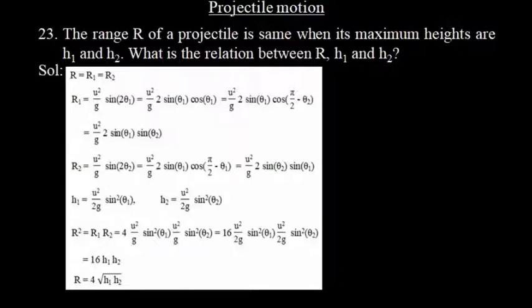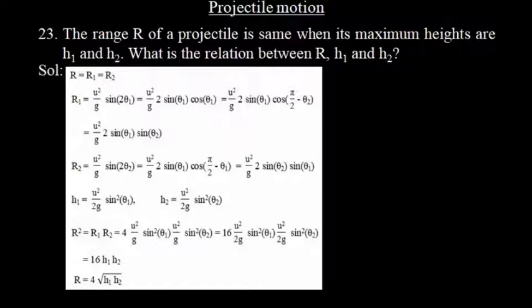Then, in the case of H1 and H2, we have to get 2G in the denominator. Writing for the 2G in the denominator, we get a multiplication factor of 16: 16 into U square by 2G sin square theta 1 into U square by 2G sin square theta 2.